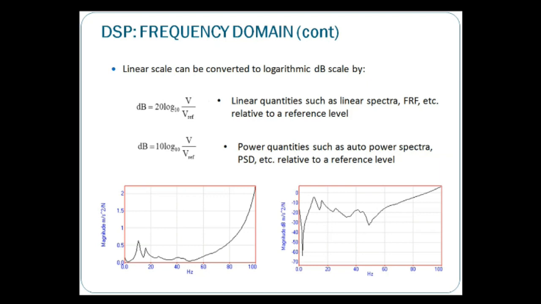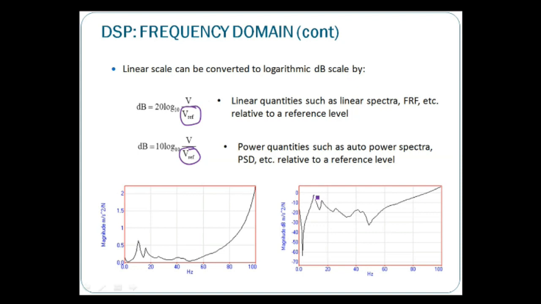So the whole idea is that when you convert to dB, it comes with a reference. You can use this reference to tell, relatively, how a particular peak compares to, let's say, your noise floor, your noise levels. If it dominates, then you have a positive dB.